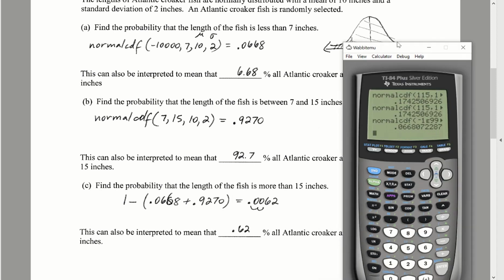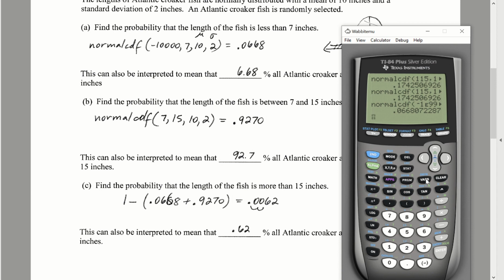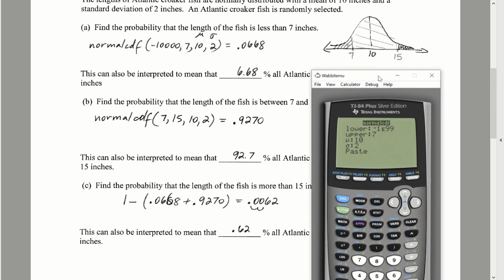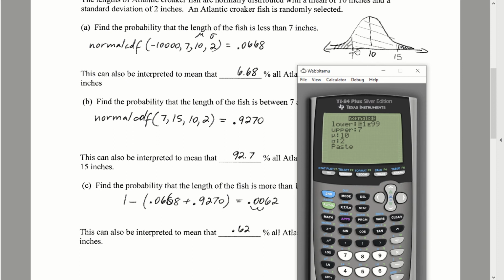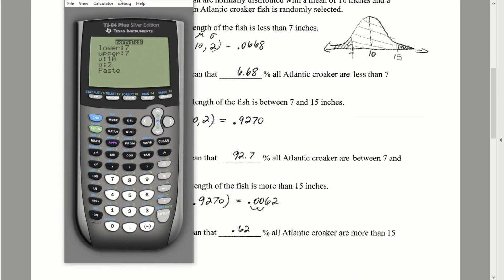We can find that answer by going to our second distribution, normal CDF. For this particular problem, the left bound would be 7. The right bound would be 15. That's the upper bound. Still a mean of 10, standard deviation of 2. Go ahead and hit enter.